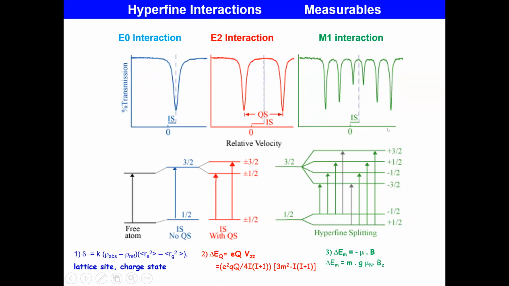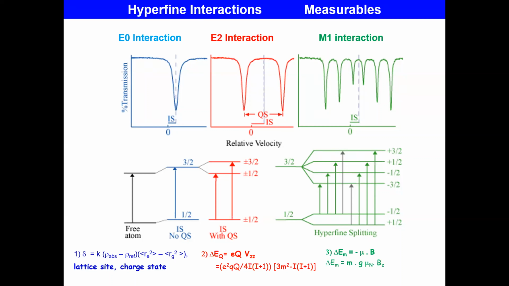And an exercise that I set my students when I used to teach was, in energy terms, to convert this scale from millimeters per second to electron volts. And of course, that's quite easy to do. It's one half times the mass of iron 57 times the velocity squared.